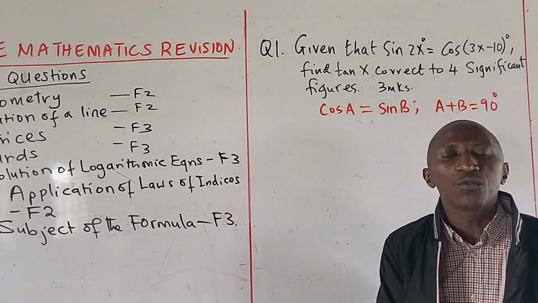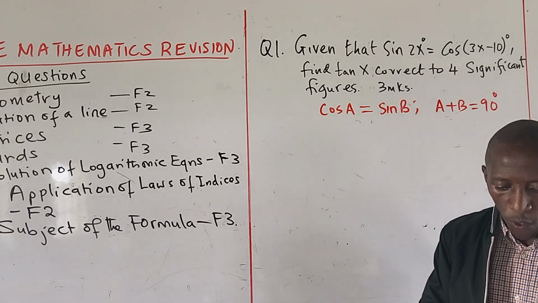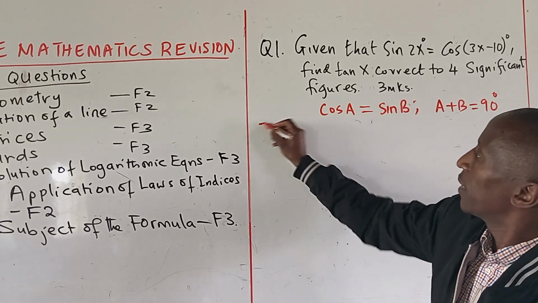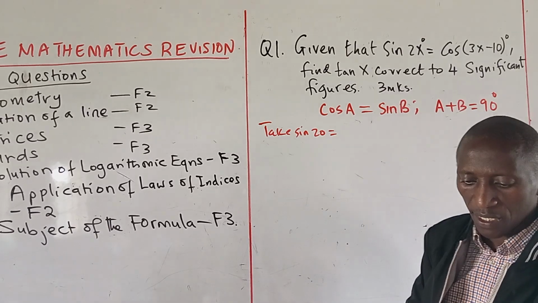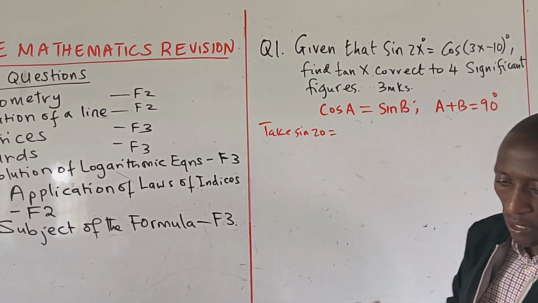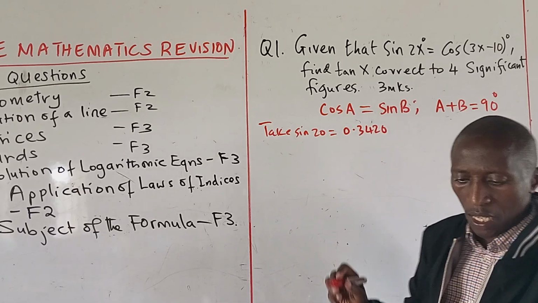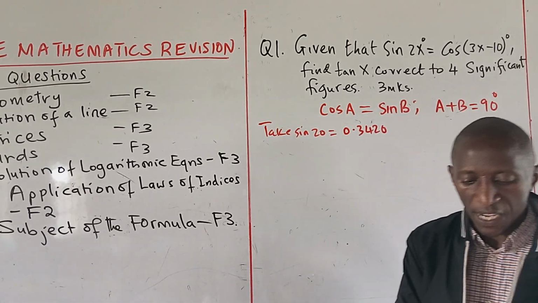Learners, I would like you to take your calculator and let us verify this one. We take sine 20, and from the calculator, I'm getting 0.3420 in four figures.